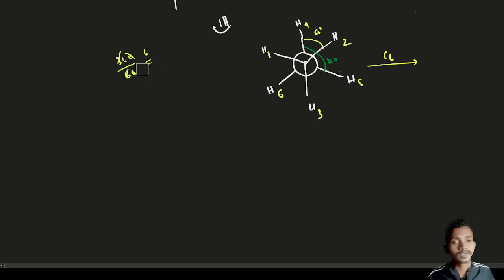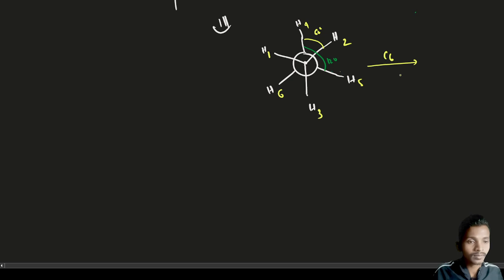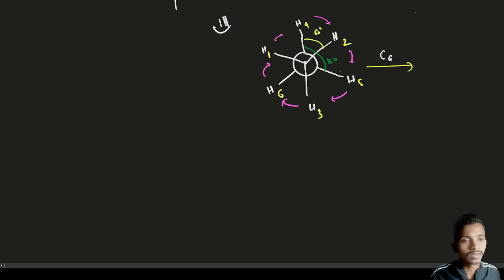If I rotate by C6, everything changes: this will go here, this will go here, and this will go here.